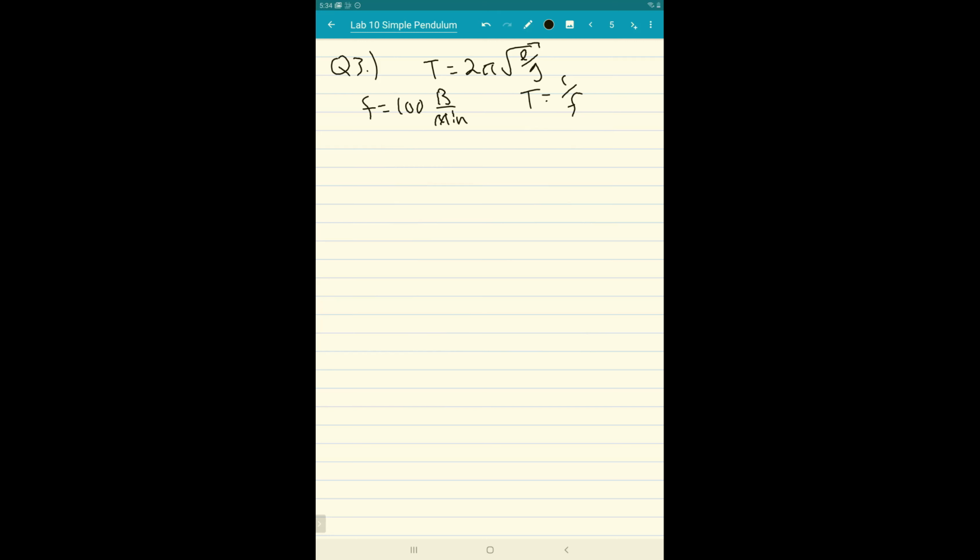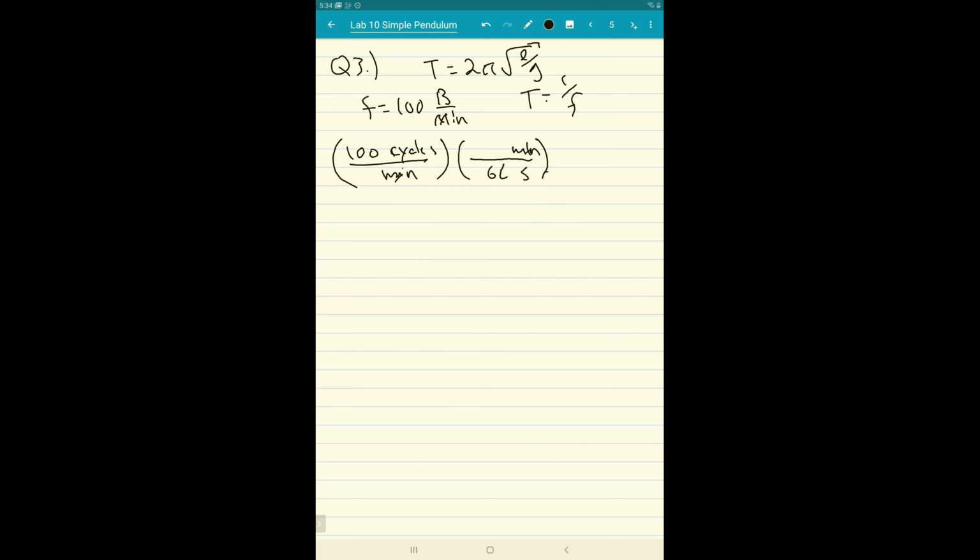A beat is basically like a cycle, right? So it's 100 cycles per minute. What I actually want is cycles per second, and then I want to turn that into seconds per cycle for the period. So I'm going to multiply this by minutes on the top and seconds on the bottom. That'll cancel minutes.